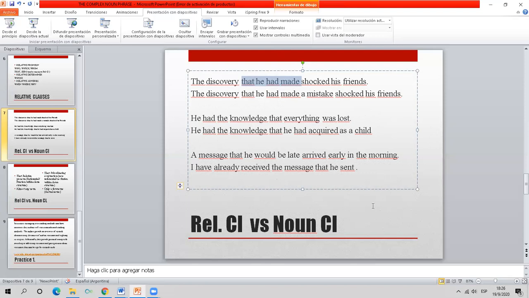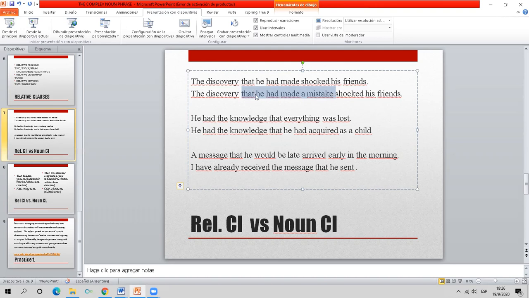Now, when we talk about a noun complement, the noun complement is somehow explaining which the discovery is. So the discovery that he had made a mistake shocked his friends. You see, the discovery was that he had made a mistake. That's why we say it is a complement, okay?